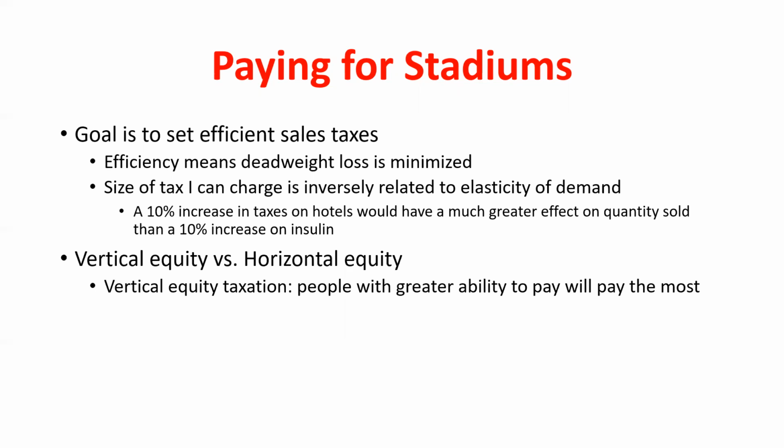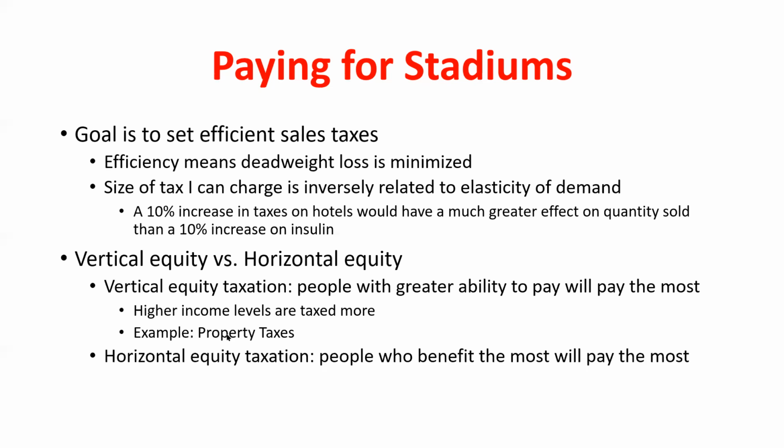Vertical equity is one that we're probably a little bit familiar with, or at least the idea, which is that people with a higher ability to pay or higher incomes are going to be taxed more, right? So this is the idea of the income tax. If you earn a higher income, you end up in a higher bracket, you pay a higher percentage tax on the income. That's the idea of vertical equity. People who have the ability to pay the most will pay the most.